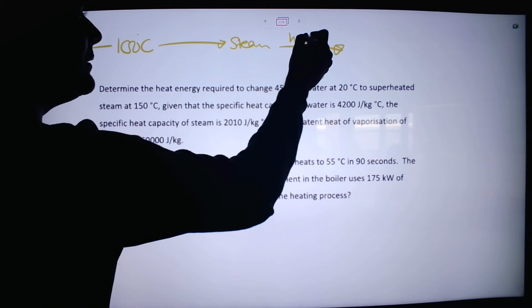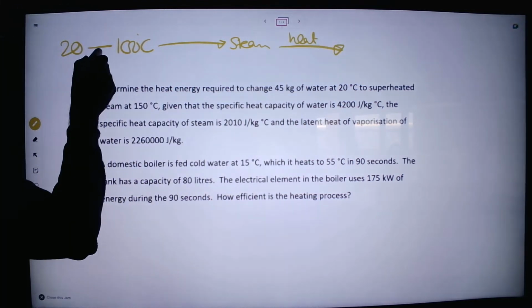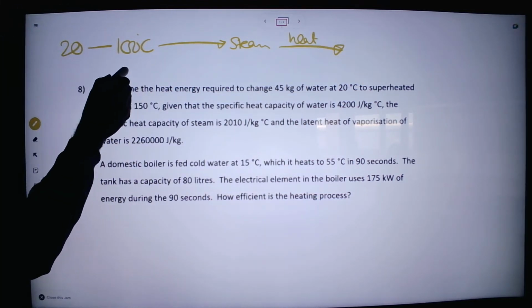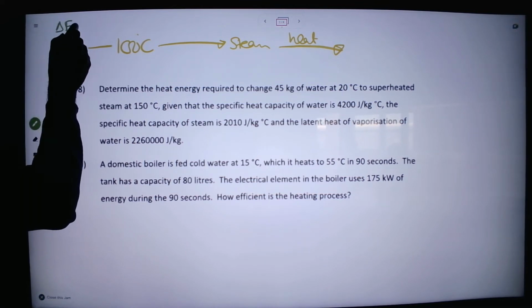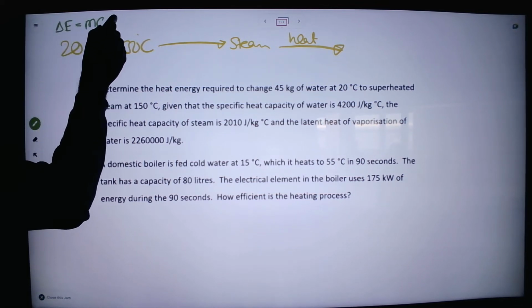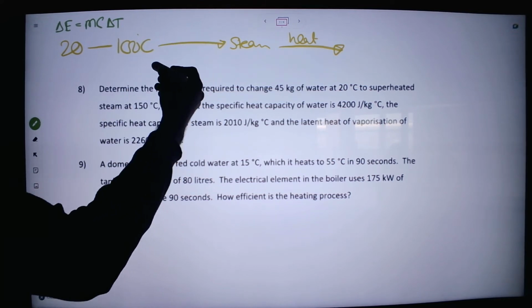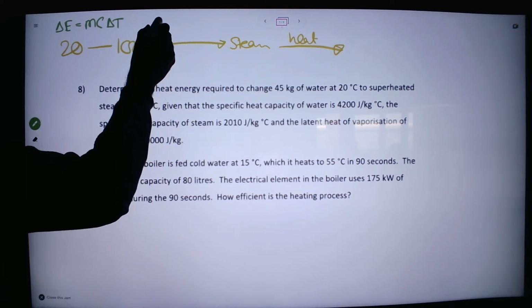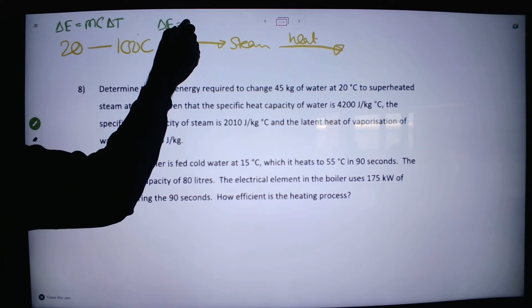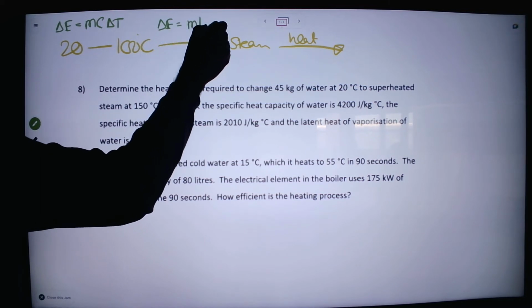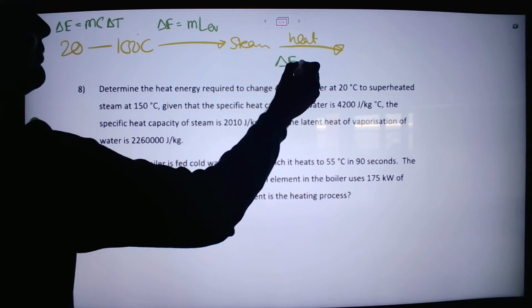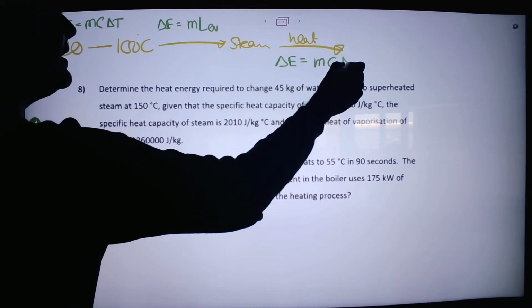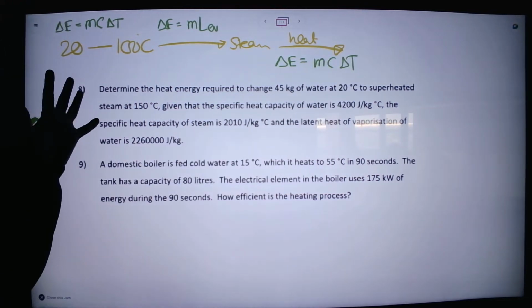For stage 1, the formula is ΔE equals mcΔT. For this one, you are converting into steam, so ΔE equals mL evaporation. And this one is again ΔE equals mcΔT for the steam.